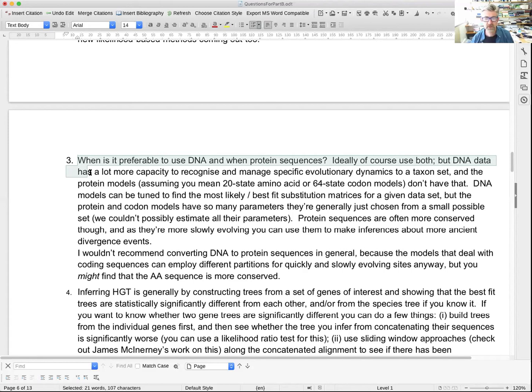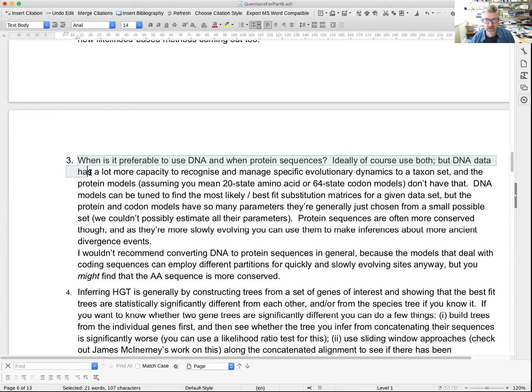Then you can infer the values of those parameters really well because you've got a lot of information. That means you can get a well-fit substitution model for your data set, and you have a really good chance of getting the tree right.